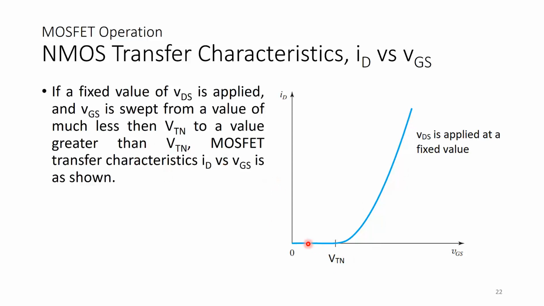If VGS is less than VTN, there are no carriers of the same type as the source and drain, so there will be no current. But once you reach threshold voltage, there will be an inversion layer. That inversion layer will cause, because there is a VDS, the current to flow. So there will be a value for the drain current ID.